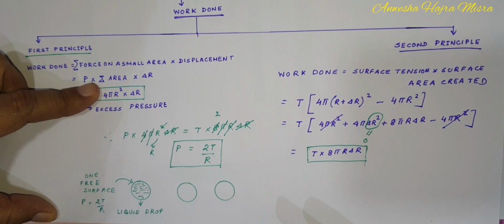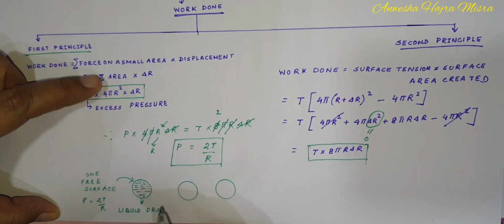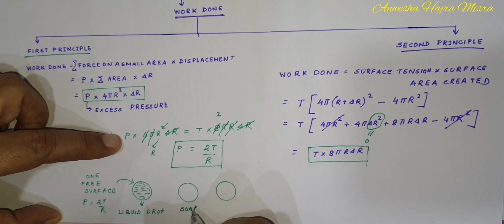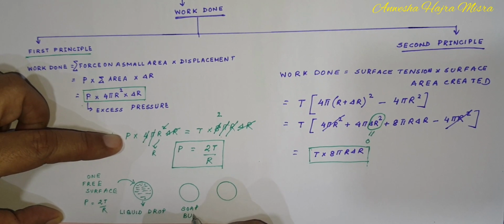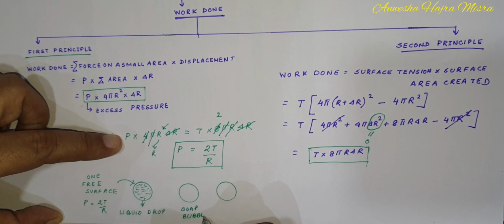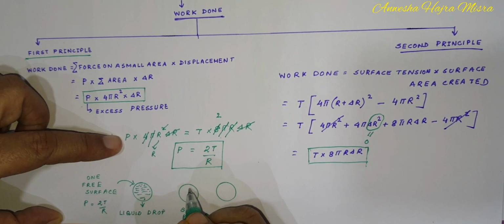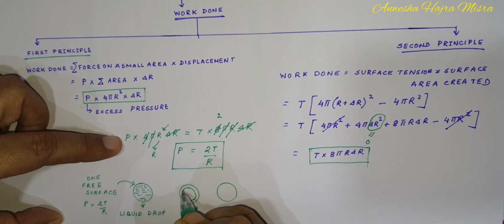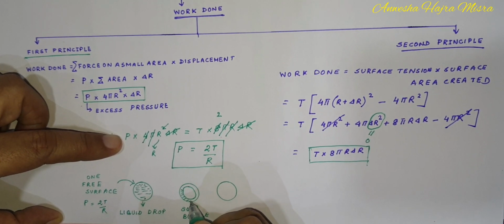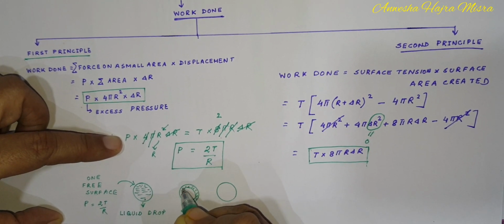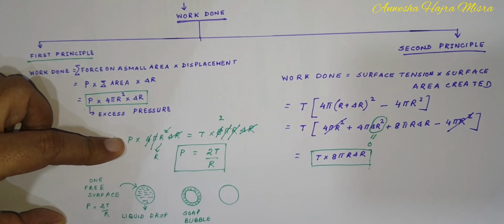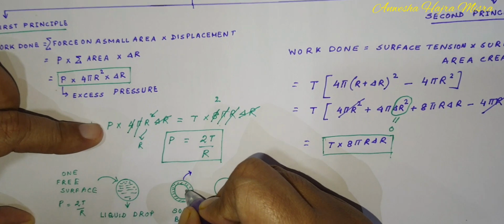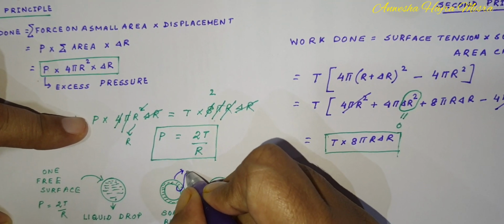Now you might have a soap bubble. In a soap bubble, actually, it is made up of soap. So this is soap. So here you have two free surfaces. Here is one surface and inside is another surface.